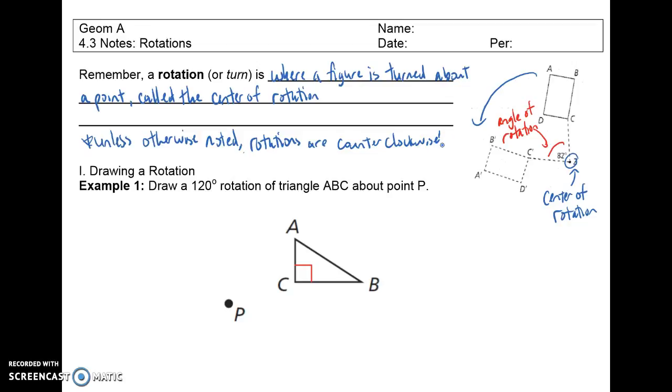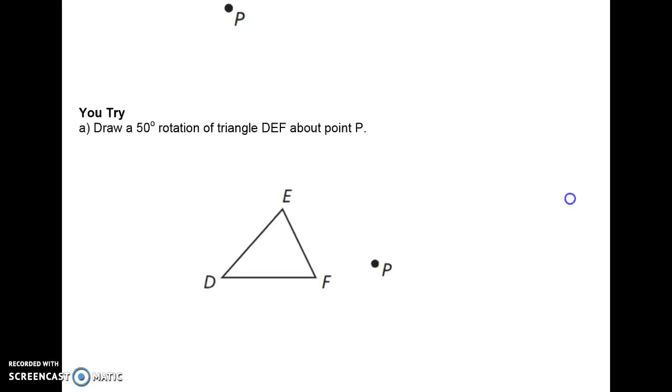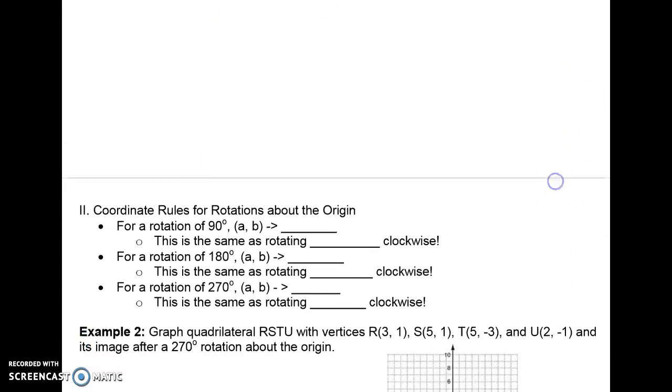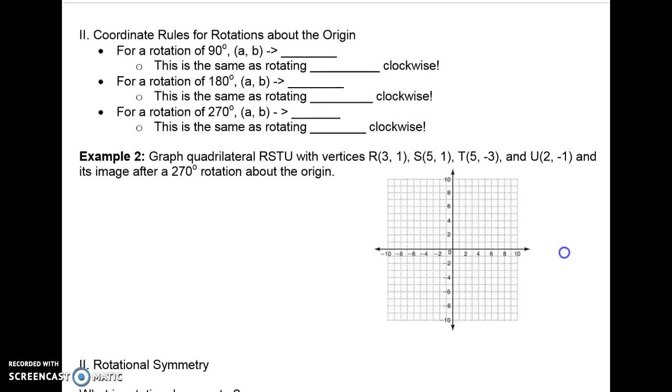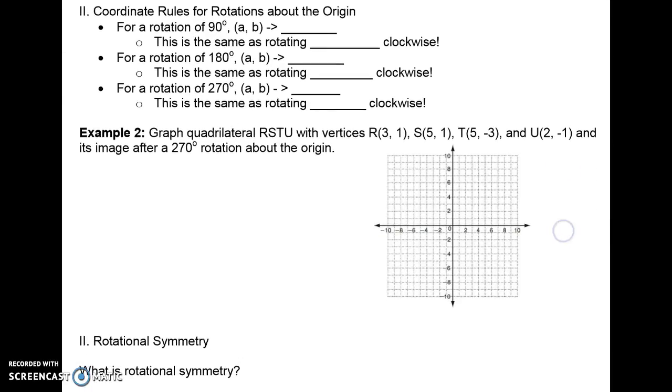And we're going to do rotations in two ways. We're going to do this part in class where we're going to draw the rotation using a compass and protractor. And then in the video today, we are going to look at coordinate plane rotations that go about the origin. So what this means is 0, 0 is that center of rotation.